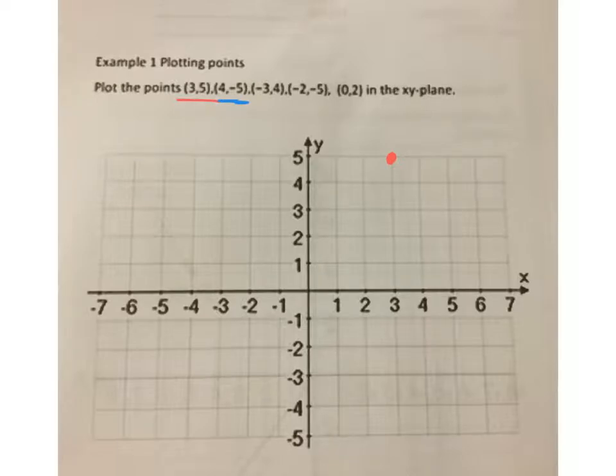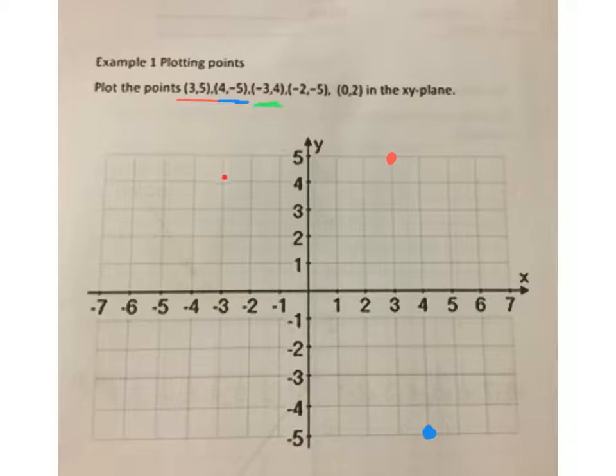Now, 4, -5. I'm going to go right 4. I'm going to go down 5 because it's negative. And that point's going to be here. -3, 4. I'm going to go left 3.